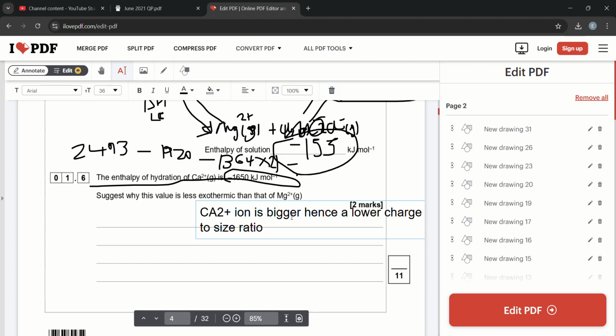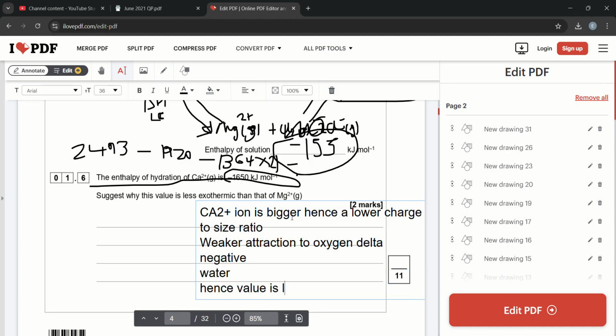The idea is that if we have Ca2+ and Mg2+, both of them have the same charges, but one's bigger, well then it's going to have a smaller charge to size ratio, because for that size the charge should probably be bigger, and therefore it's going to be a weaker attraction to the oxygen delta negative in water.